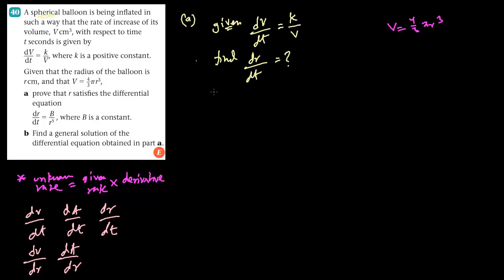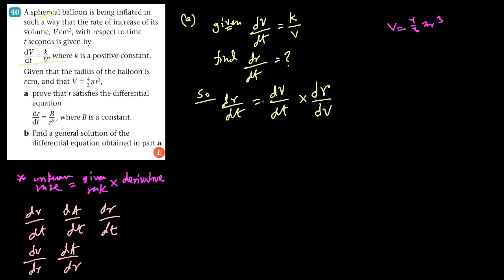So let's do this. First of all, unknown rate dr by dt equals to given rate dv by dt. Here the information is given, dv by dt into derivative. Now since we have to find dr by dt, we can write here dr by dv.